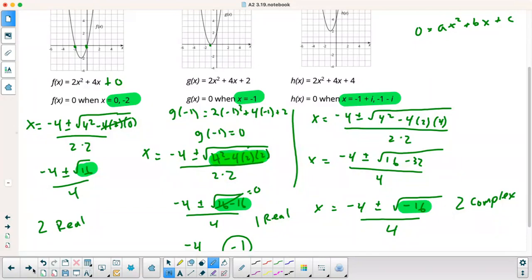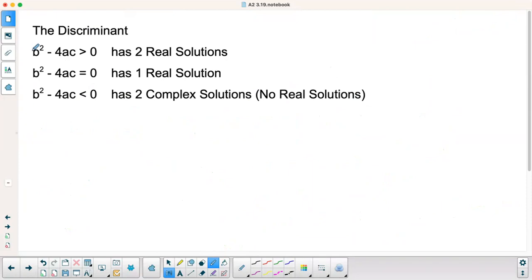So I'm going to tie that into the next thing here. If you look at the quadratic formula, you have x equals negative b plus and minus the square root of b squared minus 4ac all over 2a.